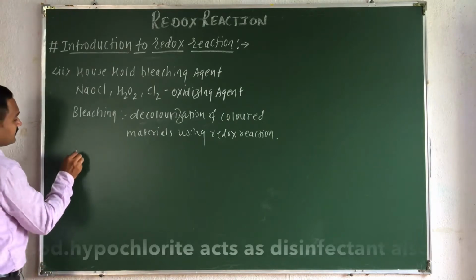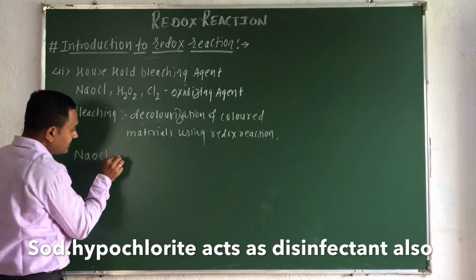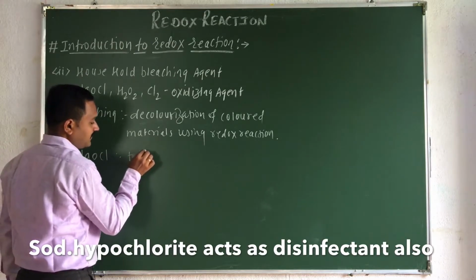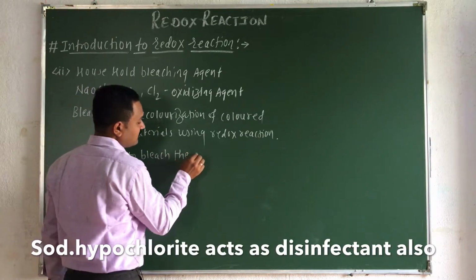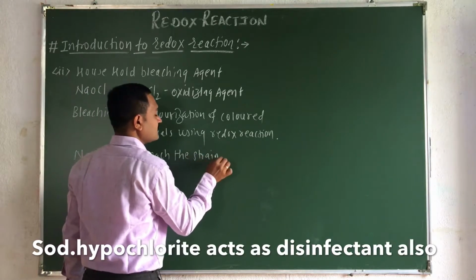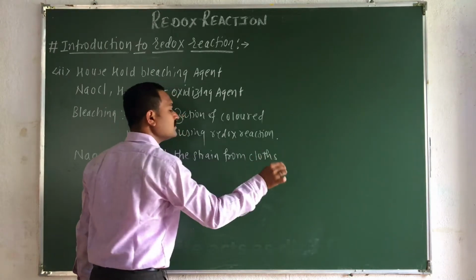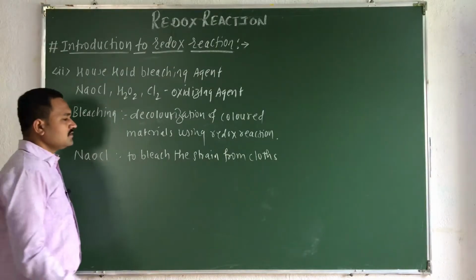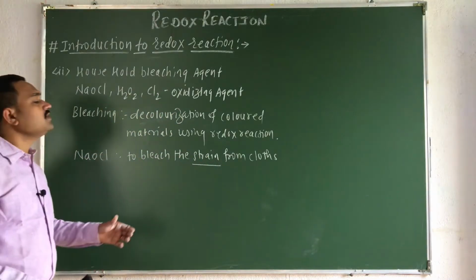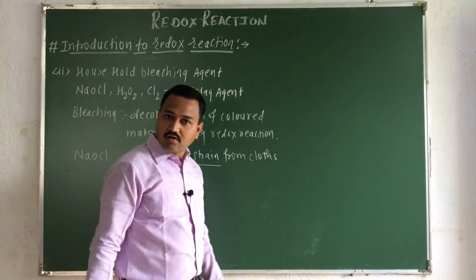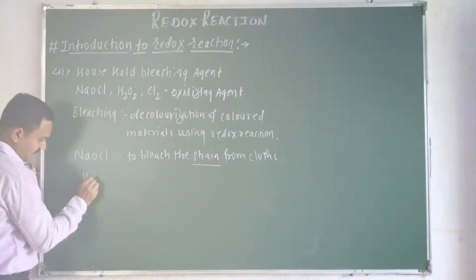For example, NaOCl, sodium hypochlorite, is generally used to bleach the stains from the cloth. Now what is a stain? A stain is nothing but an oily liquid patch consisting of dust and colored particles, which is generally observed on cloth.